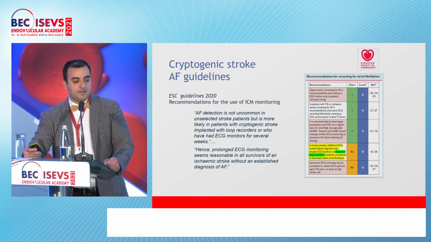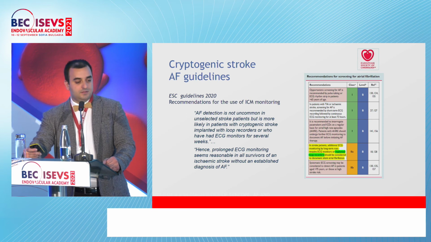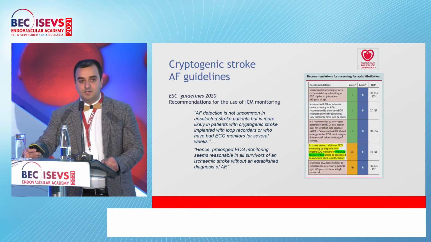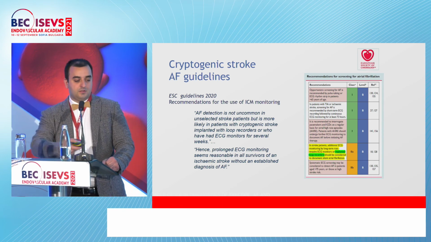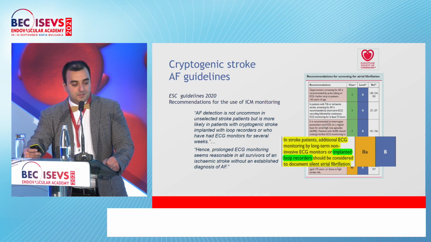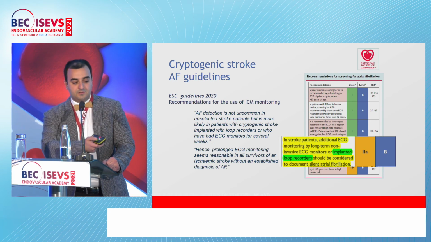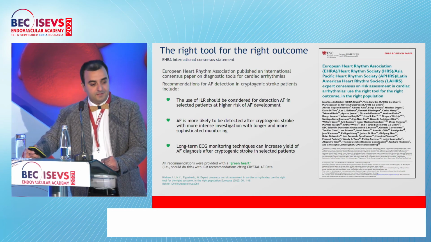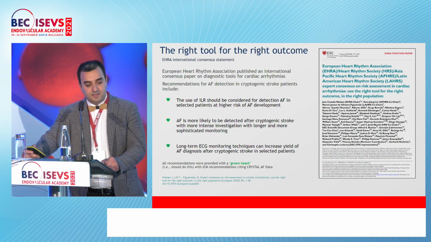and in our guidelines, this slide is part of the 2020 guidelines of the European Society of Cardiology recommendation. They are really well recommended in the patient with cryptogenic stroke. We also have this paper from the European Heart Rhythm Society and the other societies from Asia Pacific and Latin America.